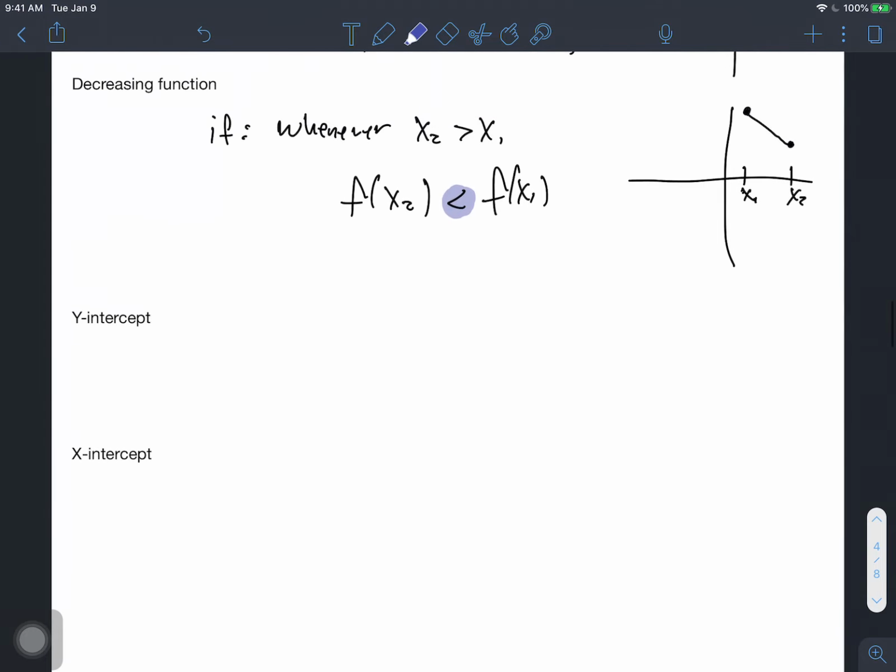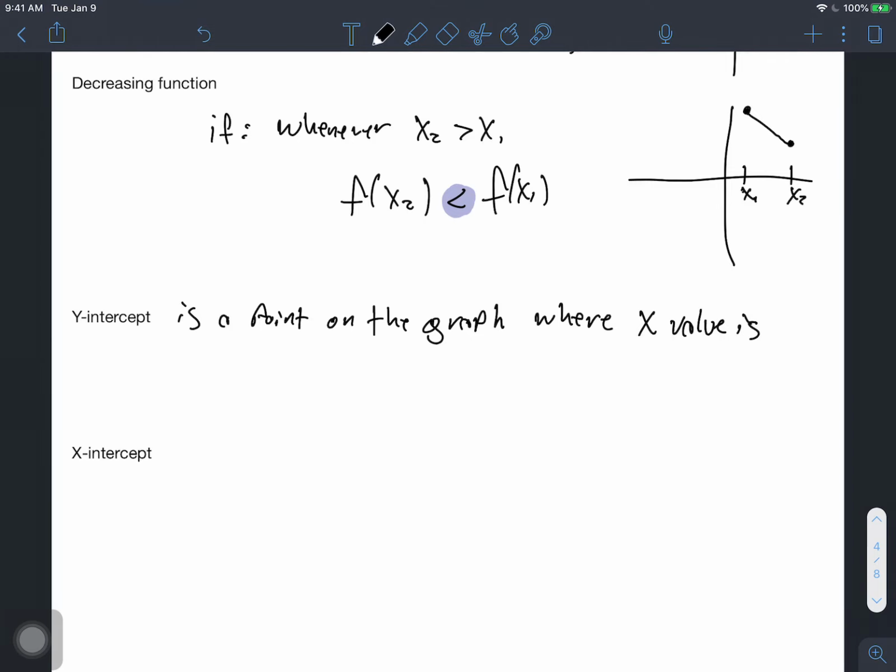Okie dokie. Y-intercept. A y-intercept is a point on the graph where, if we're on the vertical axis, our x value is 0, where x is our horizontal value.